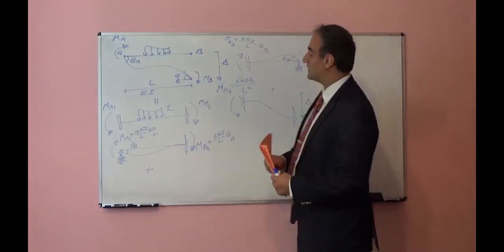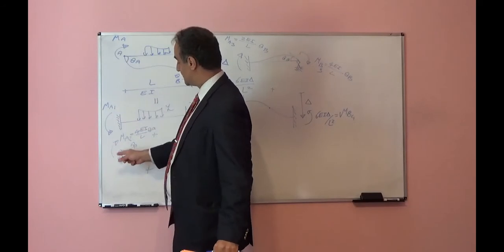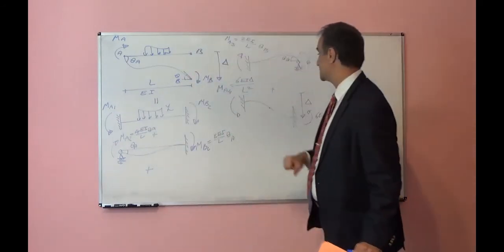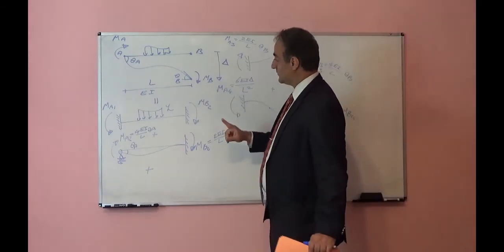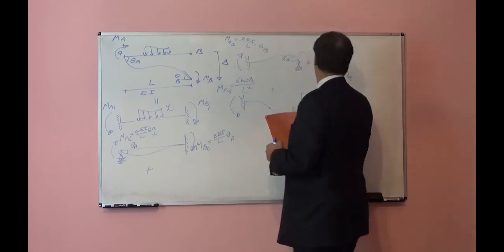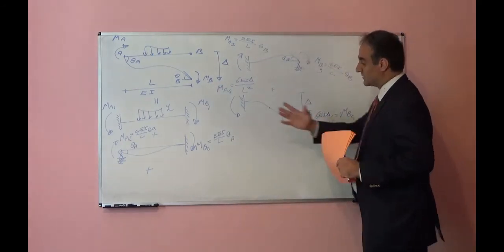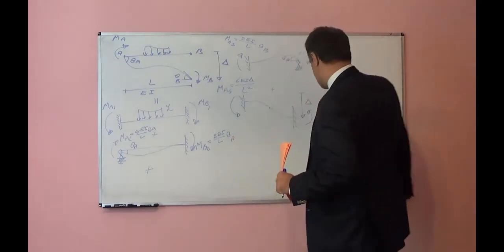So the entire MA from superposition will be equal to MA1 plus MA2 plus MA3 plus MA4, and MB will be MB1, MB2, MB3, MB4, because if we add these four systems, we will get the initial structural element.